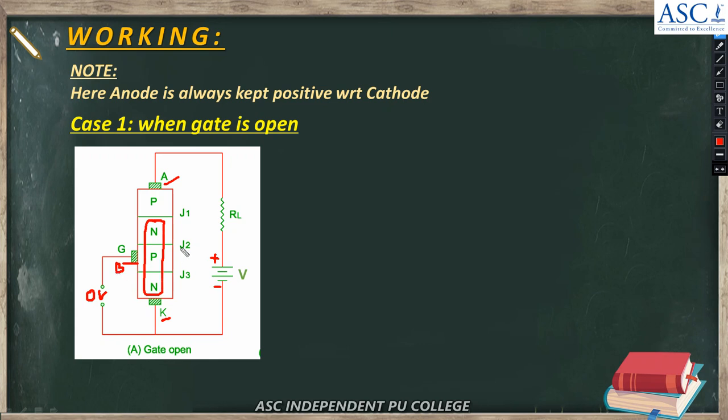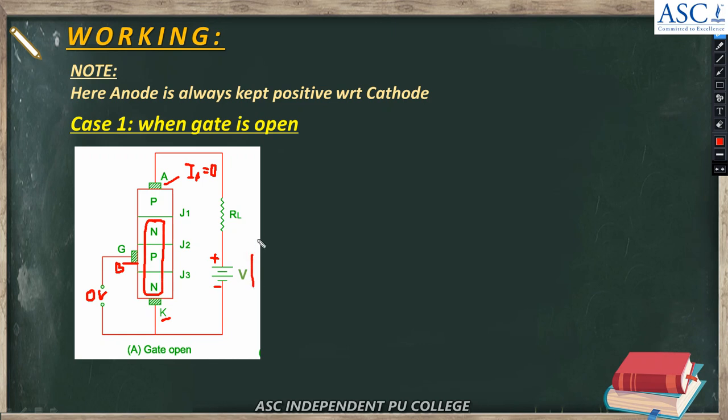It contains two transistors, one a PNP transistor and the other an NPN transistor. This is the base terminal of the NPN transistor. When the gate is open, that is, the base terminal is open, no current flows through the NPN transistor. Therefore, the current flowing through SCR, that is the anode current, is 0. When the gate is open, anode current is 0. Therefore, SCR is in the off state.